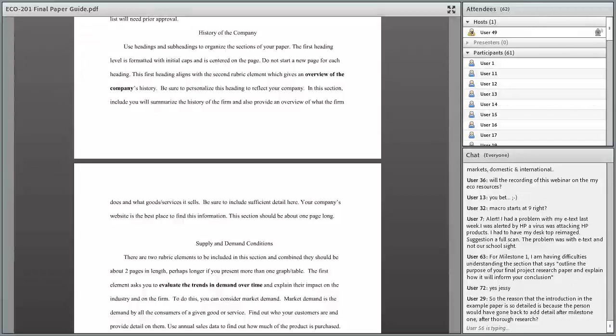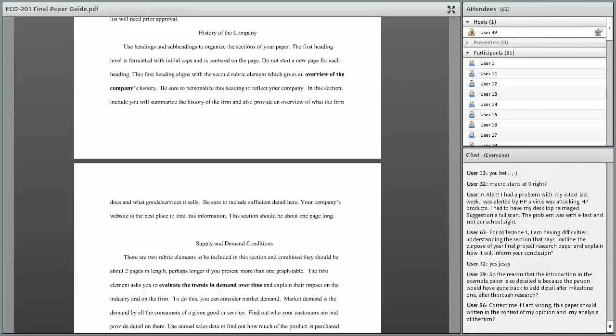Wendy's asking, for milestone 1, I'm having difficulties understanding the section that says outline the purpose of your final project research paper and explain how it will inform your conclusion. Anna says the introduction in the example paper is so detailed because the person would have gone back to add detail after milestone 1. Yes, in the introduction you're going to write now, you're just going to explain what you're going to do for the paper.